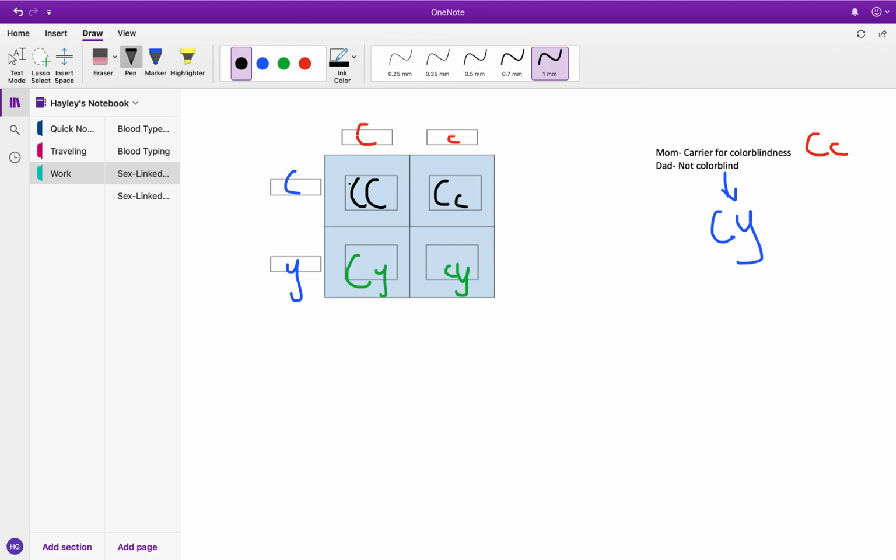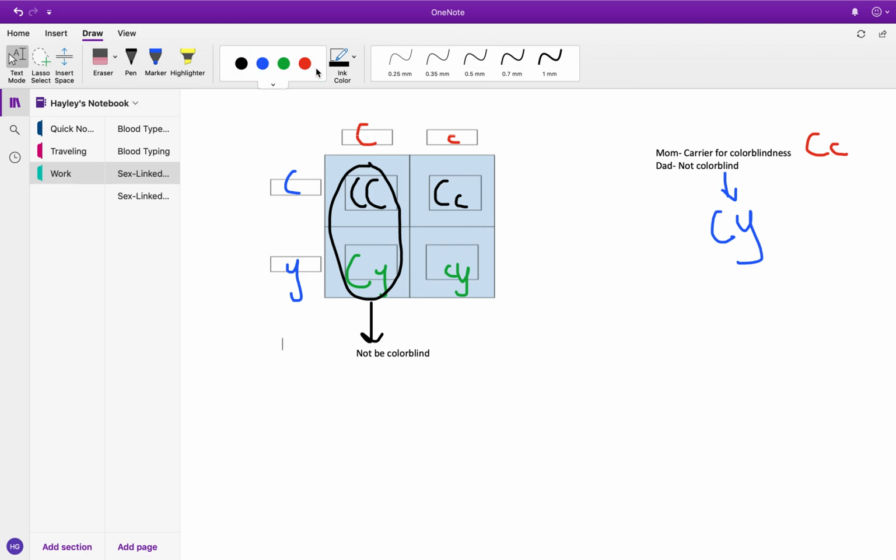This daughter, totally normal. Not colorblind, nothing. So these two, this daughter and then this son, because this son has a big C, they are not going to be colorblind. They're going to be normal.